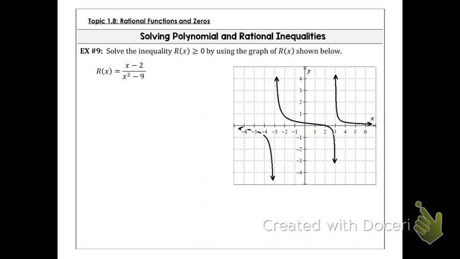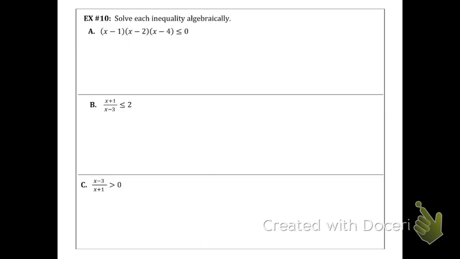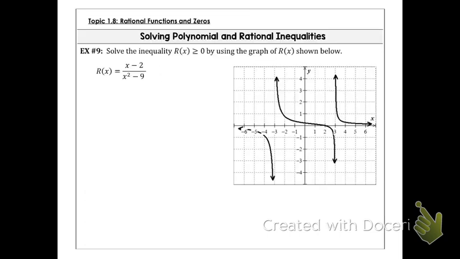So if we look at this one, let's first look at it just using the graph. We want to solve the inequality where the rational function is greater than or equal to 0 using the graph shown below. So we know that means where it's going to be above the x-axis.